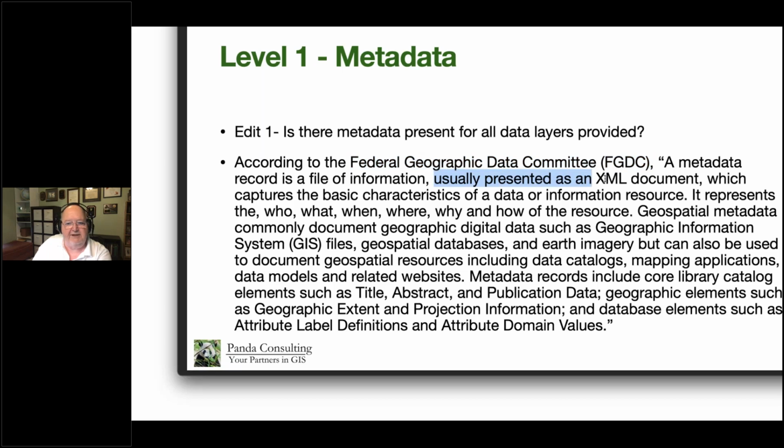And it's presented as an XML document, not stored in the geodatabase, but as a separate XML file that represents the geospatial metadata, including geographic information files, the geospatial databases, earth imagery, data catalogs, mapping applications, data models, and such. And you can see there's a lot in here.